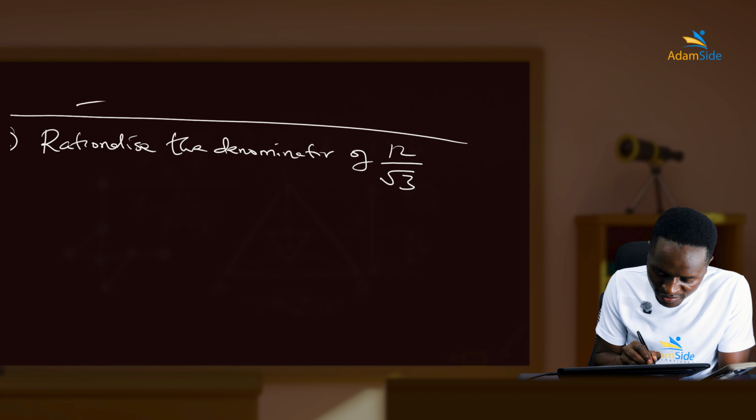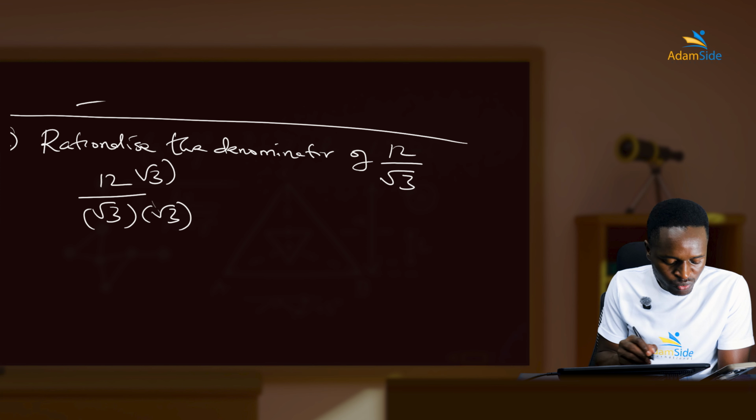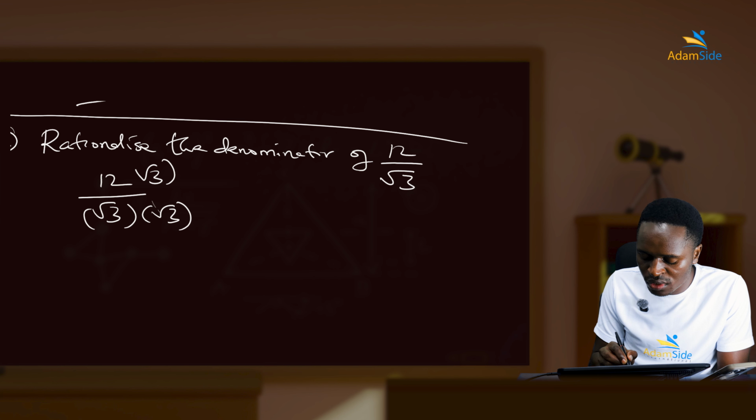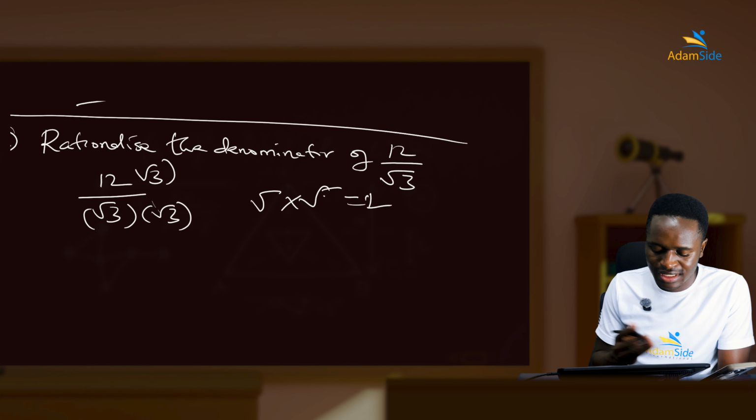So here we have 12 over root 3. Multiply with the same root 3 at the denominator and root 3 on the top, because we just want to get rid of the square root symbol. To get rid of the root form, we know root times root is just the number itself.